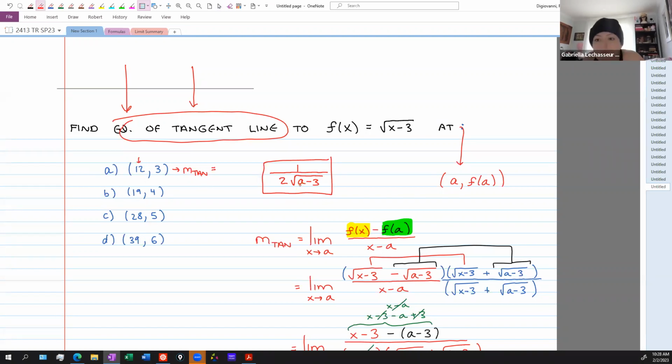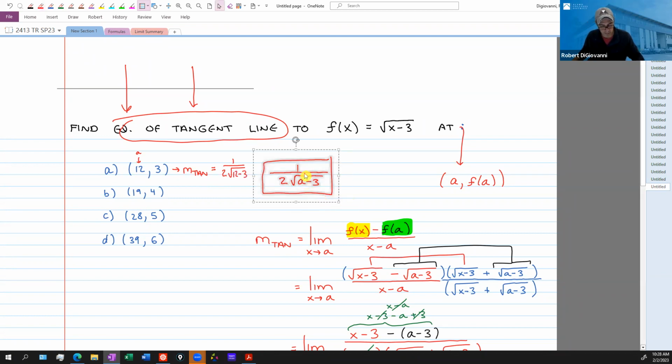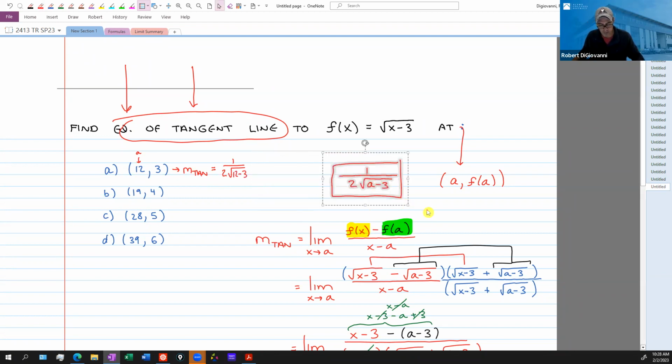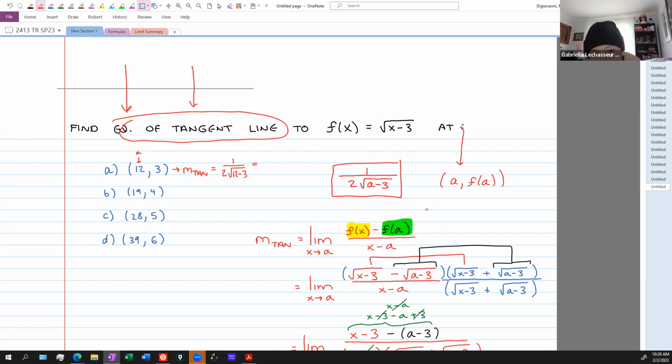Because this is a. So it'll be 1 over 2 times, okay, what's 12 minus 3? 12 minus 3 is 9, right? And the square root of 9 is 3. So this would be 1 over 2 times 3, which is 1/6.